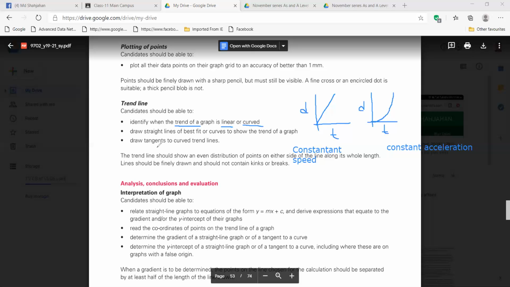If you are getting a straight line, then you can easily get the gradient from the y and x-axis ratio, isn't it? But if you are getting a curved line, you cannot get the gradient so easily and directly from there. What you have to do is draw one tangent.